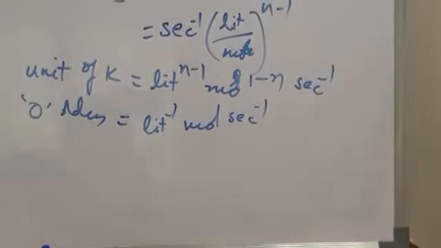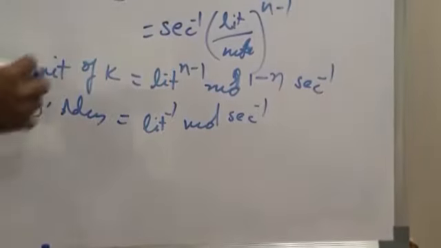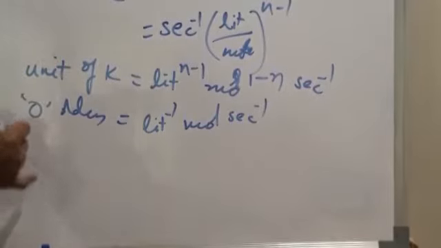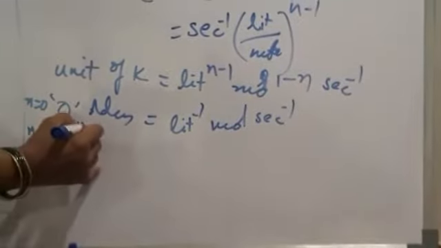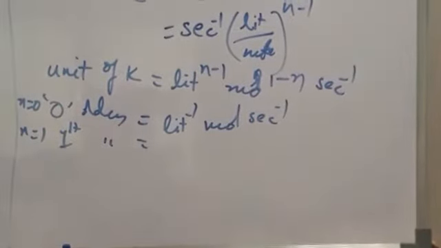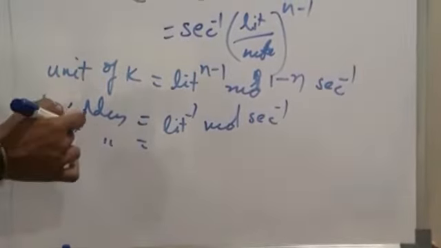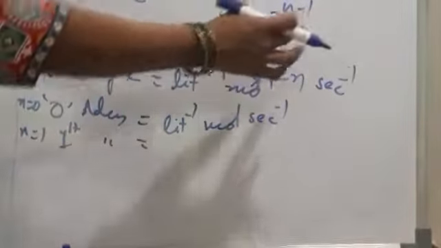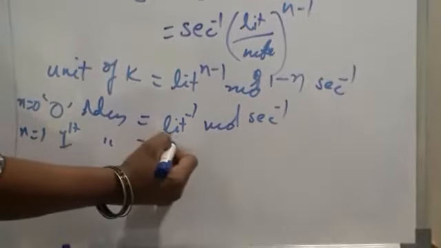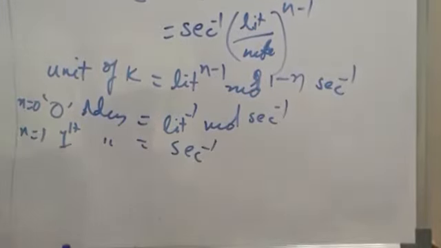If n is 1, first order reaction, liter to the power 0, mole to the power 0, second inverse. So, units are second inverse.